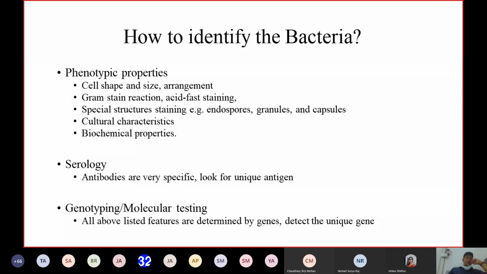Similarly, special structures like endospore, granules and capsule, we can demonstrate by special staining. We can demonstrate endospores, intracytoplasmic granules, and capsules by special staining, and they are again specific to particular bacteria.